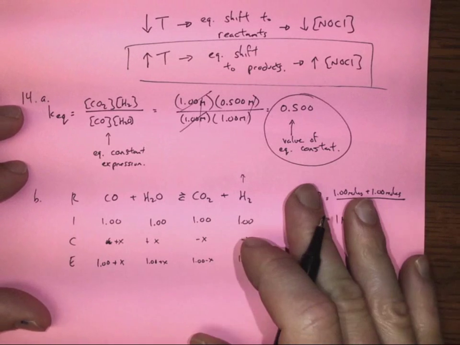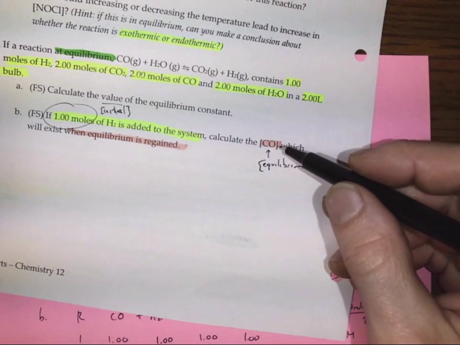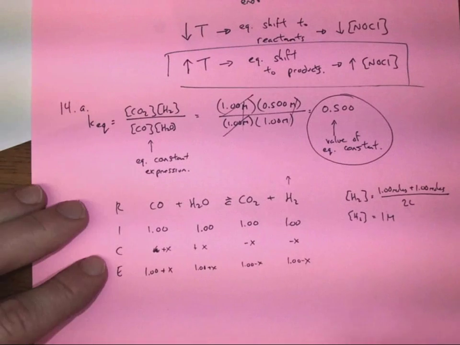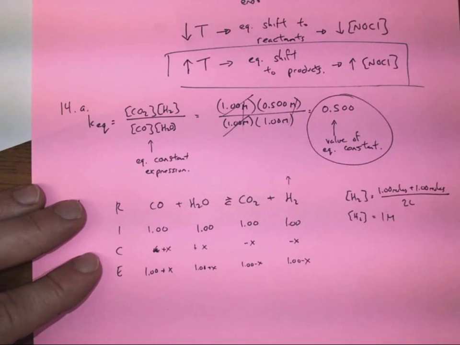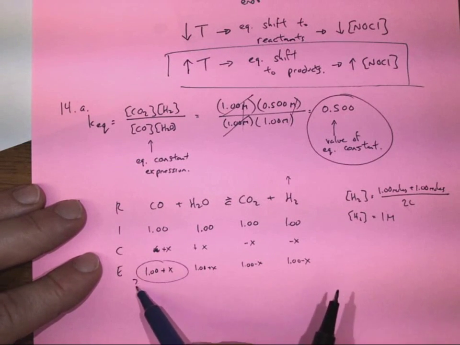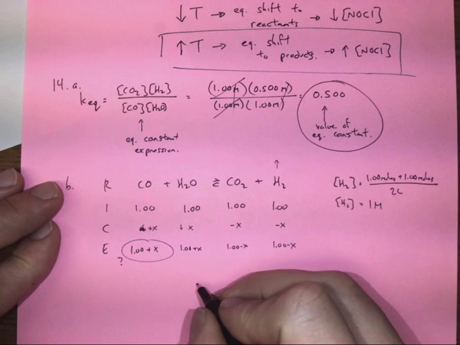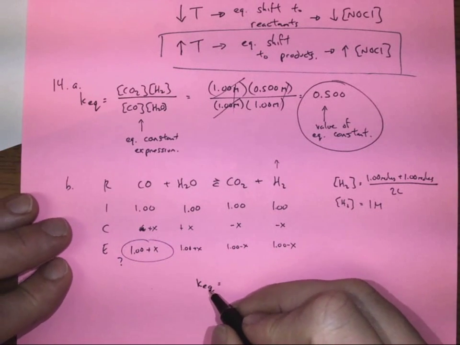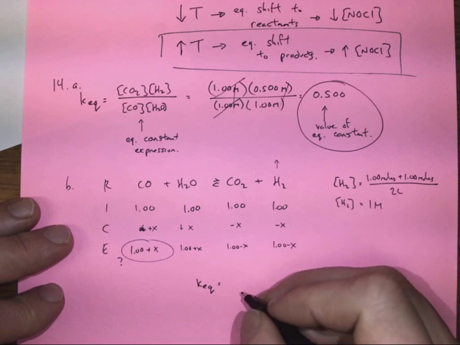All right, and what were we asked for? We were asked for the concentration of carbon monoxide at equilibrium. So can we find out how big this actually is? That's what we're asked. To do that, we're going to use our equilibrium constant.